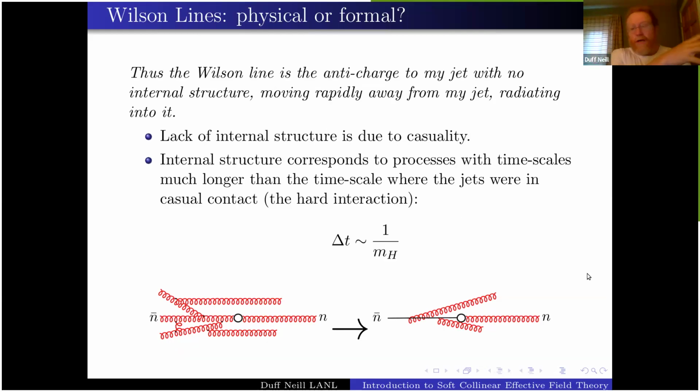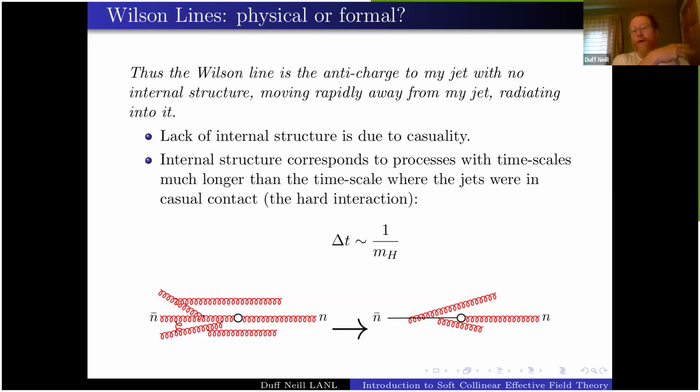So this Wilson line, far from being a formal trick, is actually capturing an important physical intuition for me about the scattering process. The Wilson line is precisely the anti-charge that my jet needs, with no internal structure, needed to color neutralize my jet in the larger scattering process that it's embedded in.